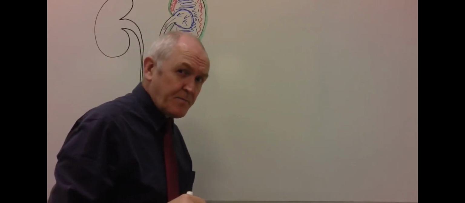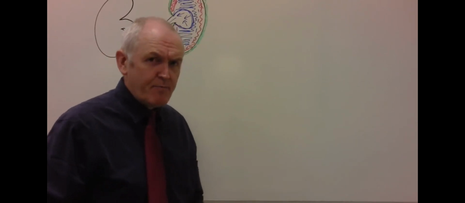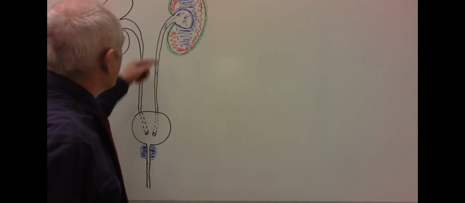And this is very rich in pain receptors. Do you remember the specialised name for pain receptors? They're called nociceptors. So the renal capsule is very sensitive to pain because it is rich in nociceptors.